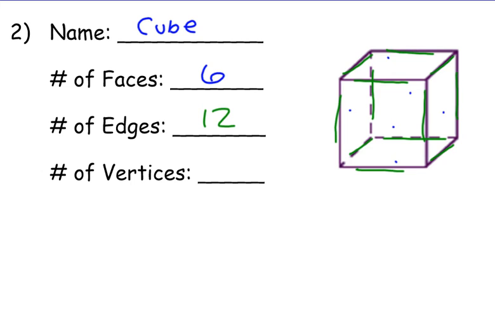And how many vertices or vertexes does it have? 1, 2, 3, 4, 5, 6, 7, 8. Has 8. And what do you notice about the rectangular prism and the cube? What you should see is that their faces, edges, and vertices, the numbers are exactly the same.